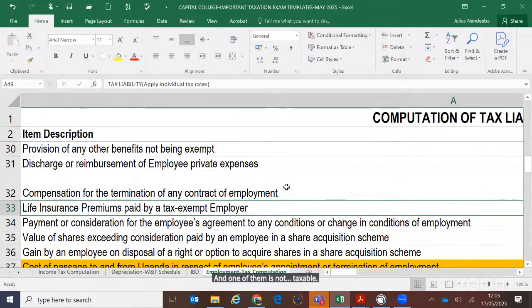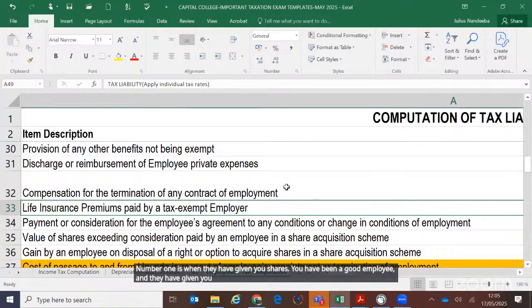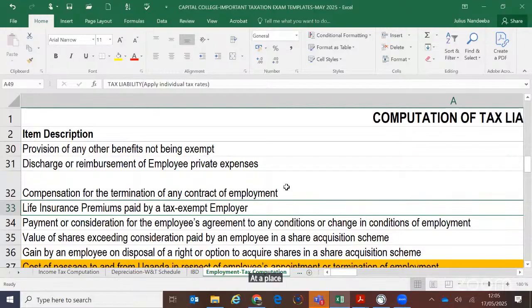What are these? Number 1 is when they have given you shares. You have been a good employee and they have given you shares. But they have given you shares at a price lower than the fair market value of those shares in the company. Assume the company shares are at 500 shillings.